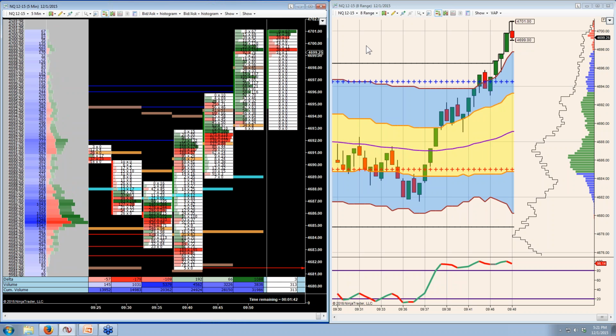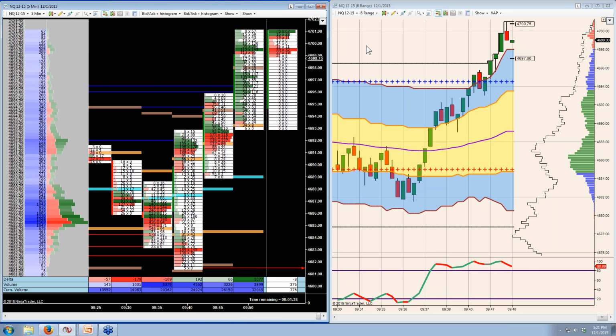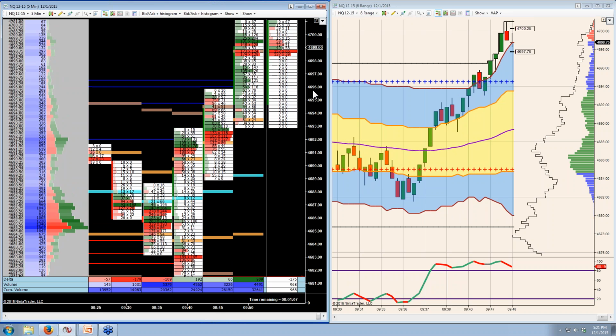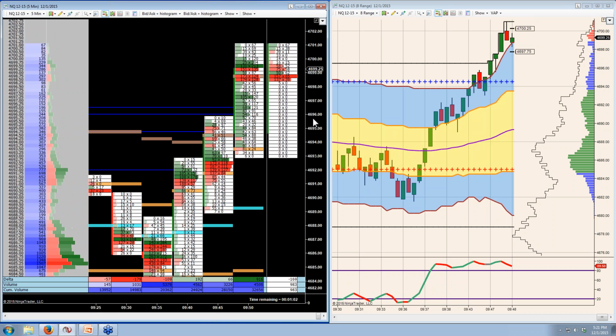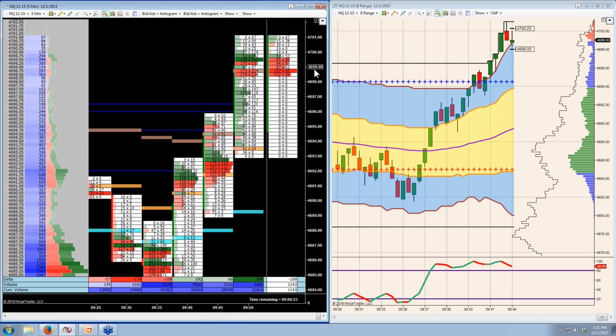But like I said earlier, it doesn't really matter what you trade it off of if you're trading the value areas, because you're trading the value areas regardless of what size bar you're looking at. The value areas are all going to be the same. What you do need to focus on if you're trading off a 4 range chart, of course, is the delta and buyers and sellers coming in.